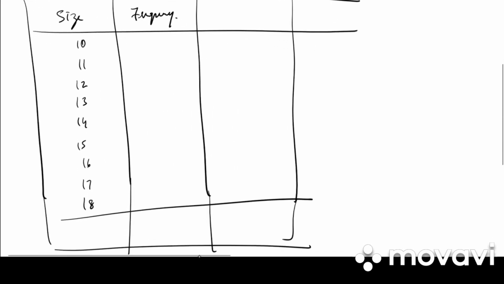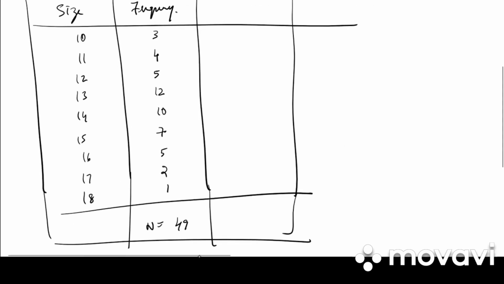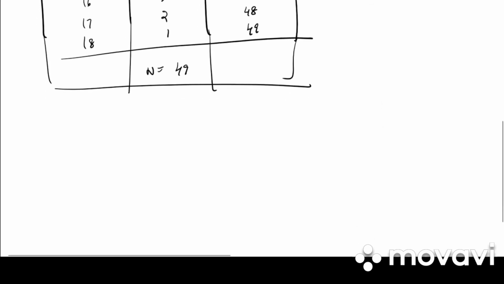What are the frequencies? 3, 4, 5, 12, 10, 7, 5, 2, 1. So what is N? N is 49. Next column is we need to find cumulative frequency. 3, 4 plus 3, 7, 7 plus 5, 12, 12 plus 12, 24, 24 plus 10, 34, 34 plus 7, 41, 41 plus 5, 46, 46 plus 2, 48, 48 plus 1 is 49.